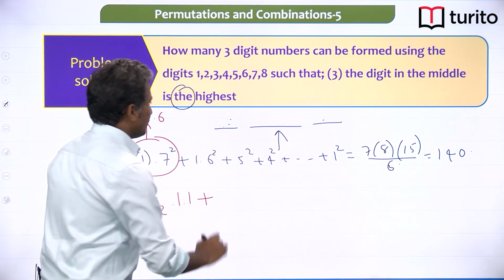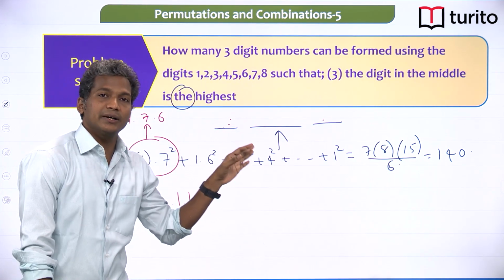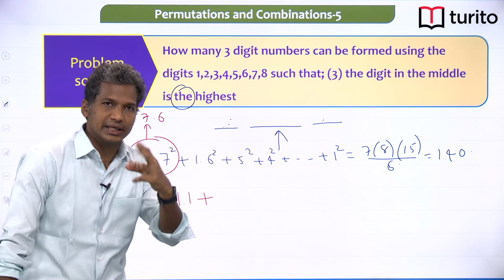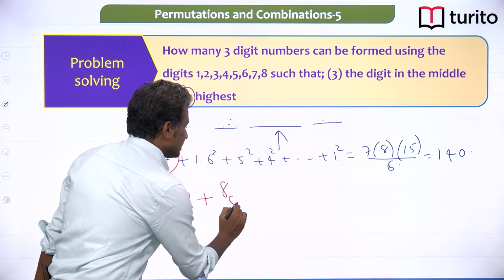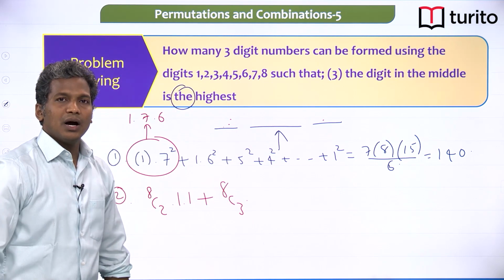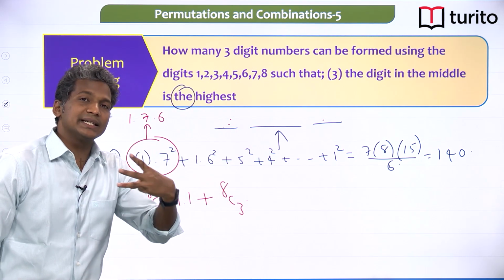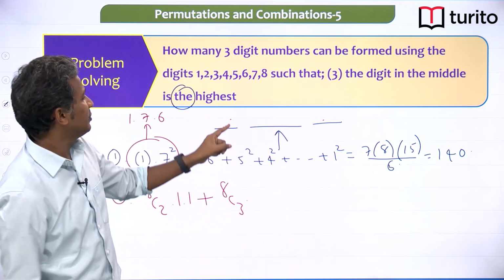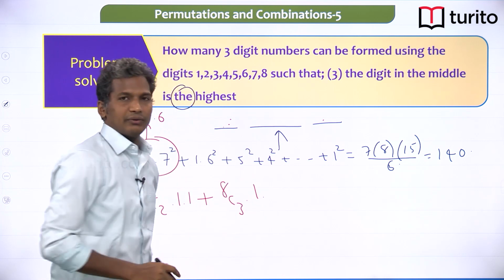Now I will take the all different digits case. If all 3 digits are different, that means I need 3 digits from here. So I have to select 3 digits in 8C3 ways. Now out of these 3 selected digits, there is one digit which is the highest. So place it in the middle, we can do that in one way.